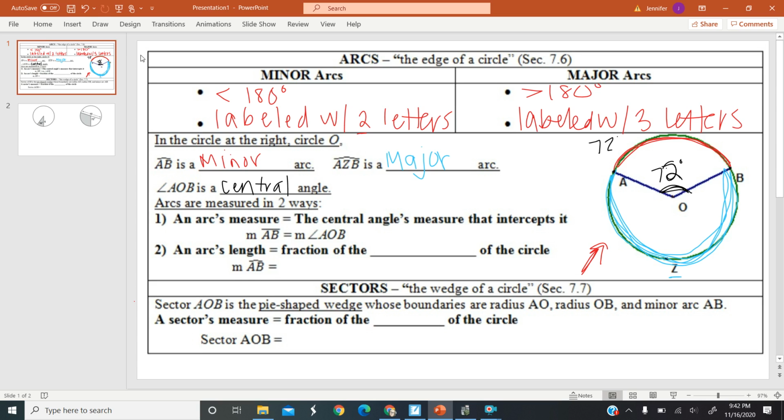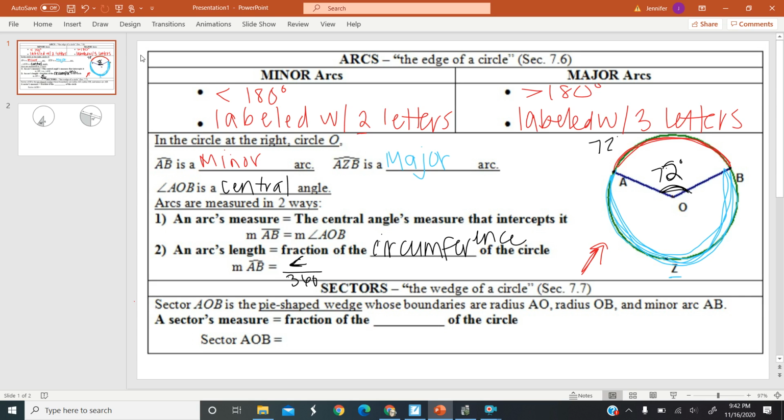For the arc length, like I said earlier, it's going to be a fraction of the circumference of the circle. So for the measure of arc AB, as in the arc length, to find the fraction, you would use the degree of the central angle over 360.